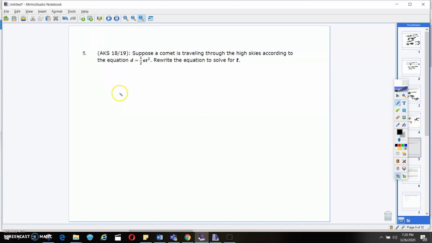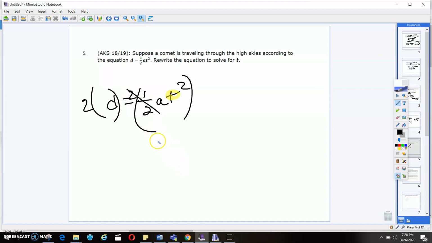Number 5, I've got this equation D equals 1/2 AT squared. I'm trying to solve for T. That means I'm trying to get T by itself. So first thing I want to do is get rid of this 1/2. In order to get rid of this 1/2, I'm going to multiply by 2 on both sides. So that'll cancel out that 1/2. I'll get AT squared equals 2D. I want to get A away from T, so I'm going to divide by A on both sides.